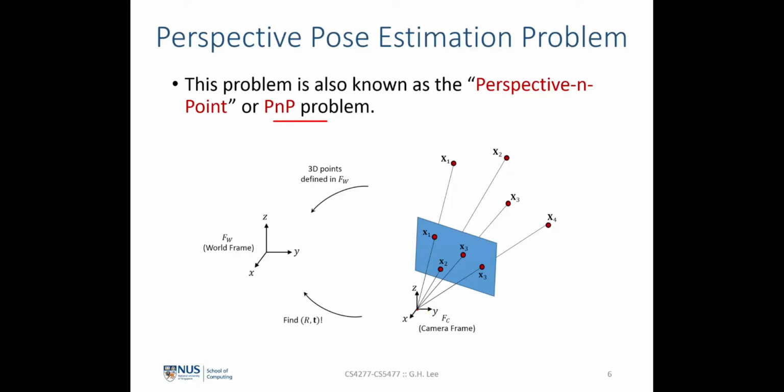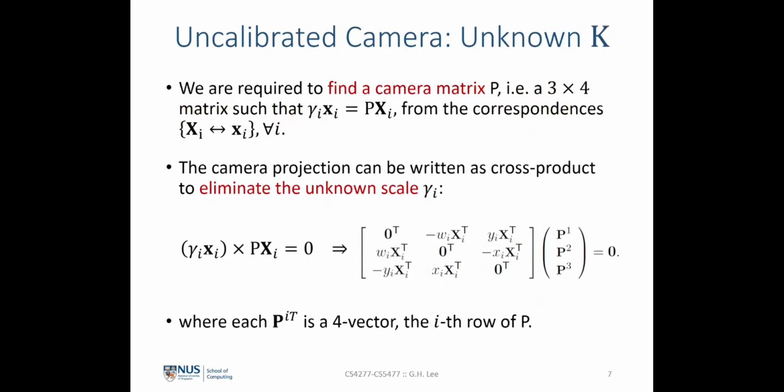And in later subsequent lectures, we'll be looking at what we call the non-perspective n-point camera pose estimation problem. And in that particular case, we'll be looking at a general camera. A general camera could be any with a lens of any shape, where all the light rays simply do not pass through a single center of projection.